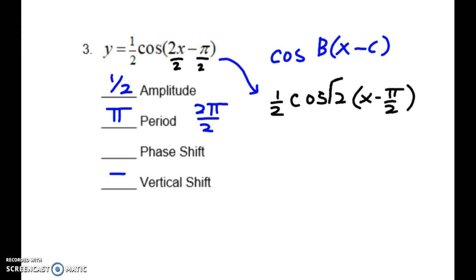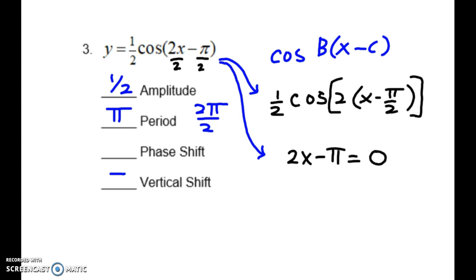That is one way to figure out the phase shift, by actually factoring out the number that's in front of the x. Another way that people tend to do this is they take what's inside the parentheses, 2x minus pi, and they set it equal to 0.